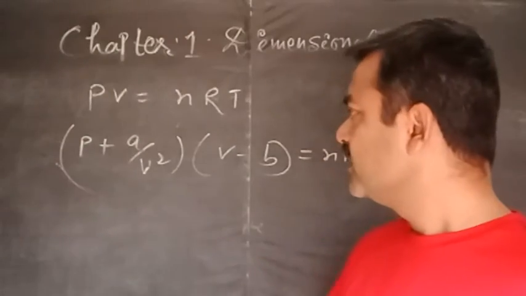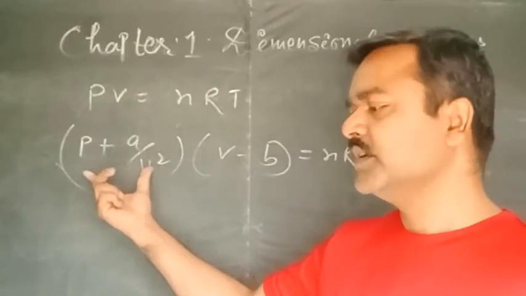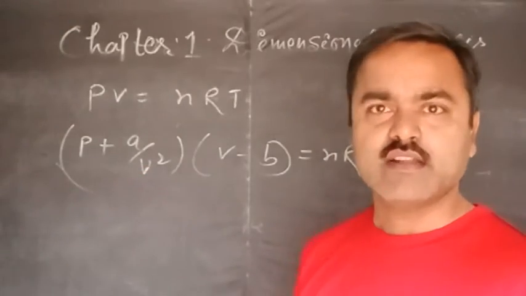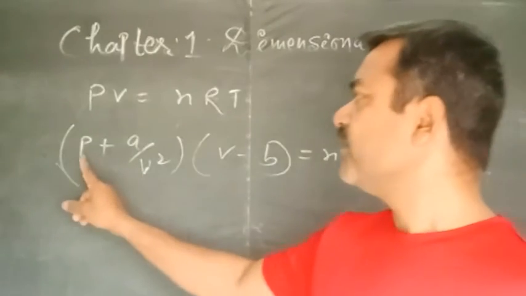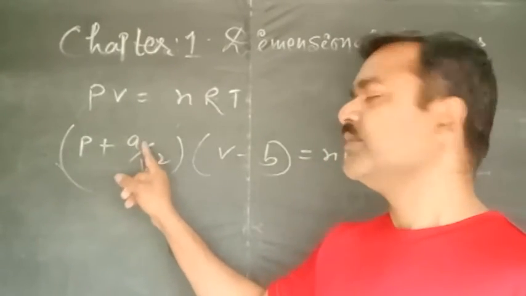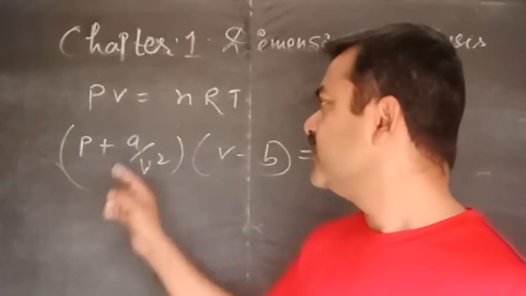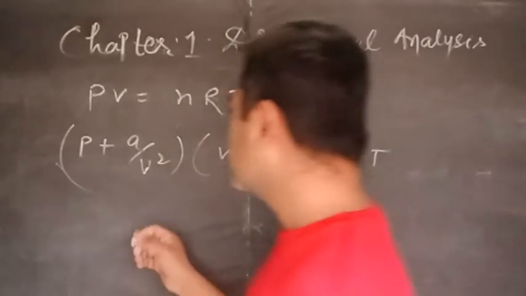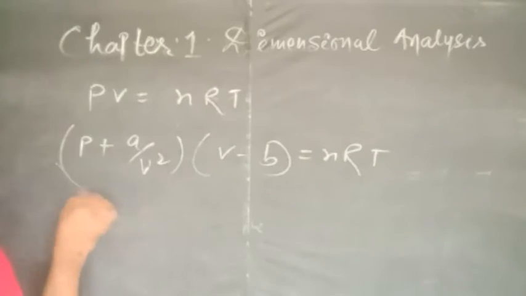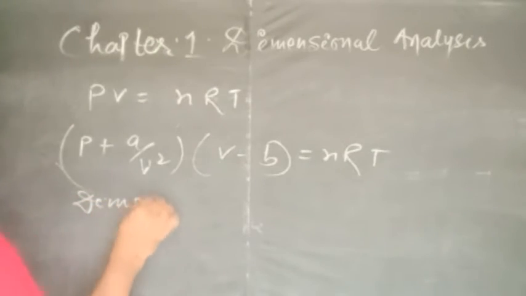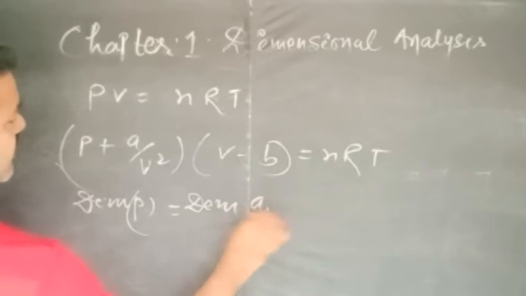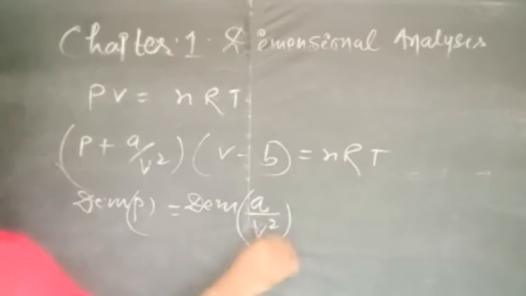So we know the dimensional formula of quantities which are separated by plus or minus are equal. So the dimensional formula of P equals the dimensional formula of A upon V square.